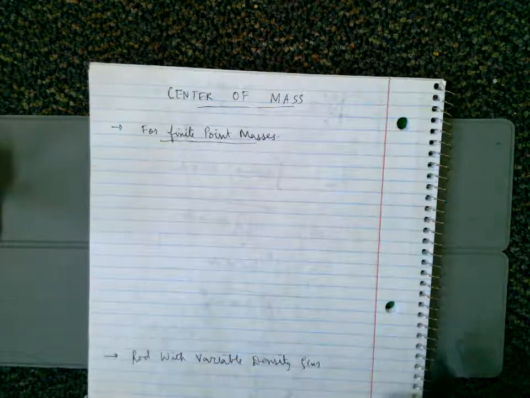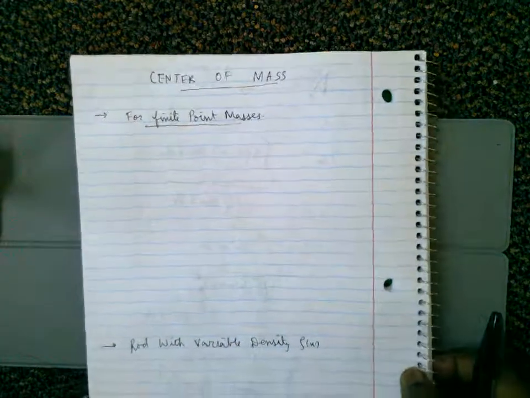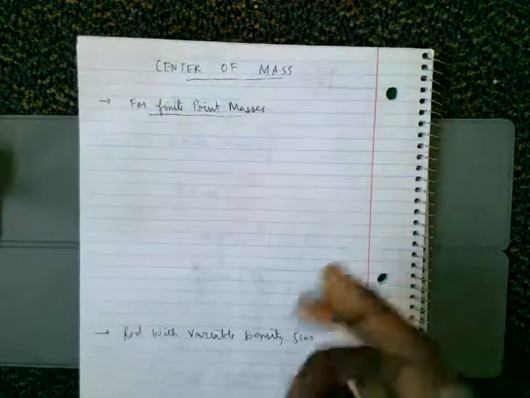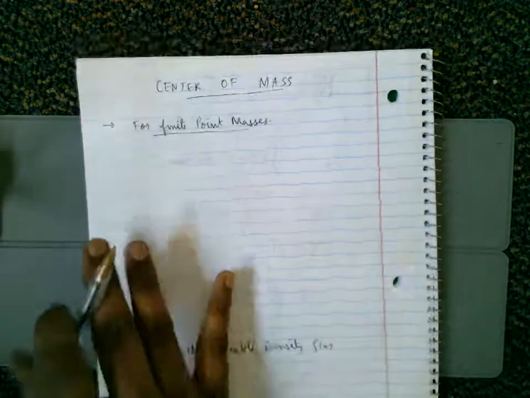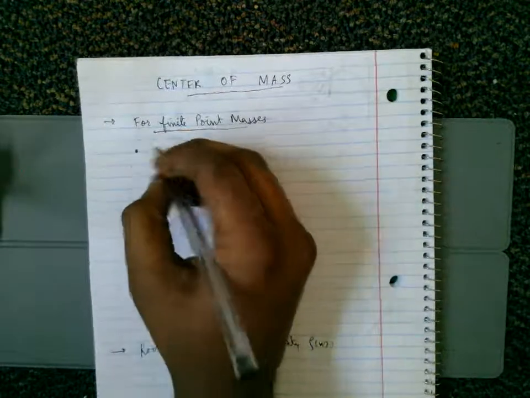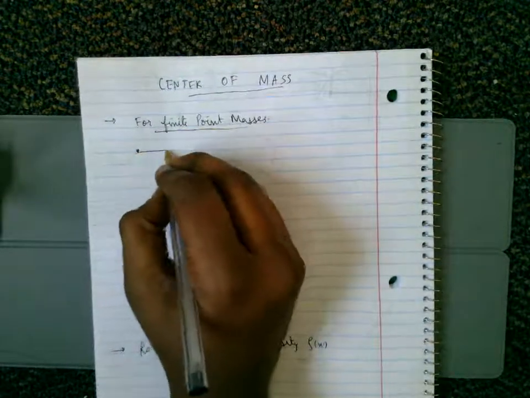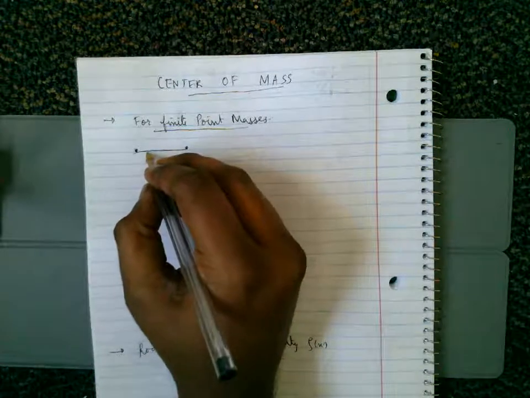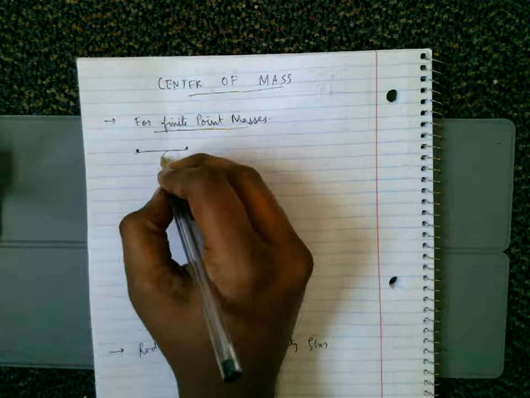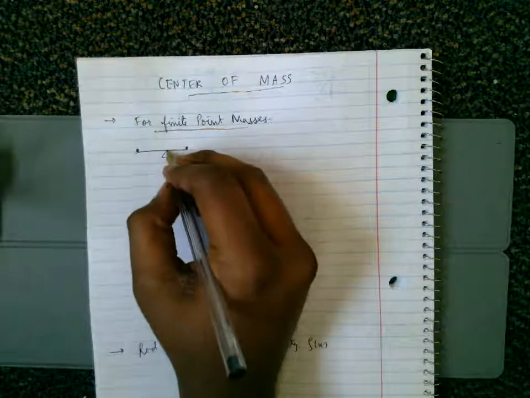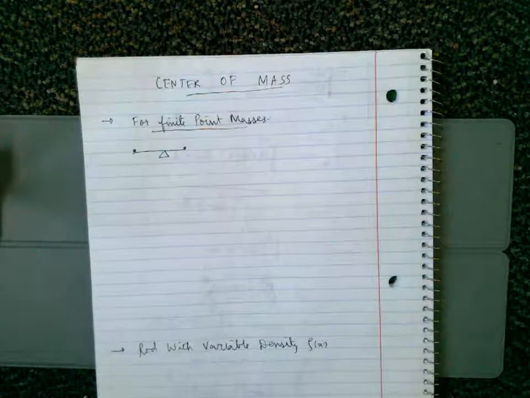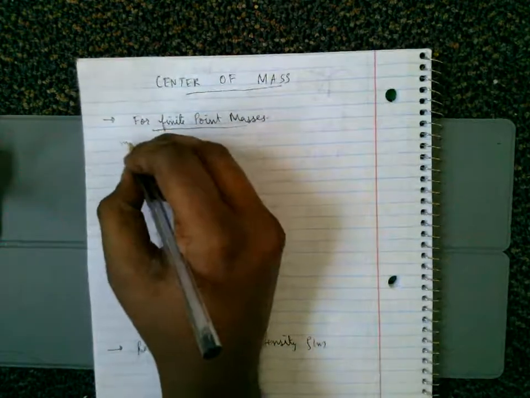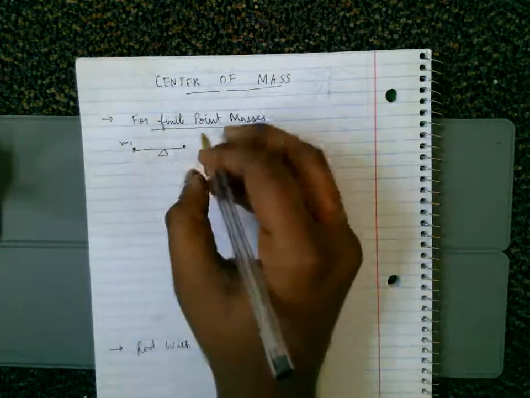In this video, I'll be talking about center of mass. So, let's say we have 2 points put on a balance scale, and let's say we can vary where to put this lever, right? And let's say this is a point of mass m1.